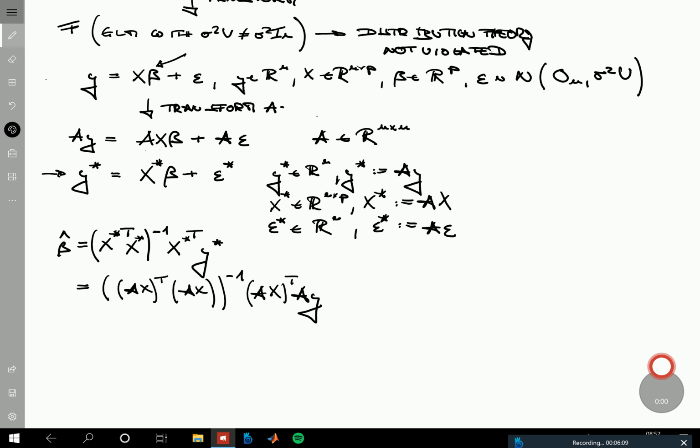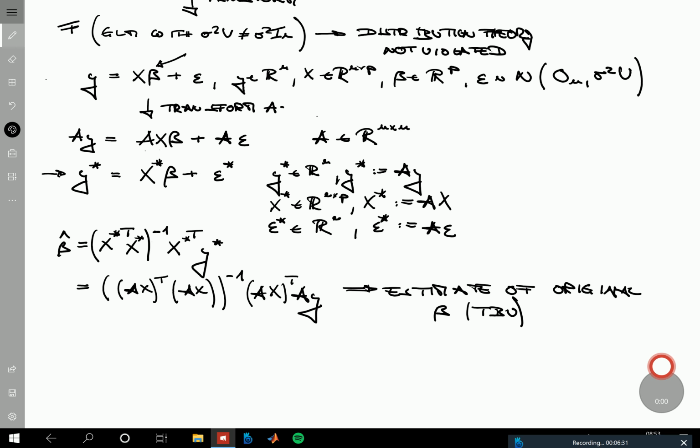And is an estimate of the original beta, true but unknown.